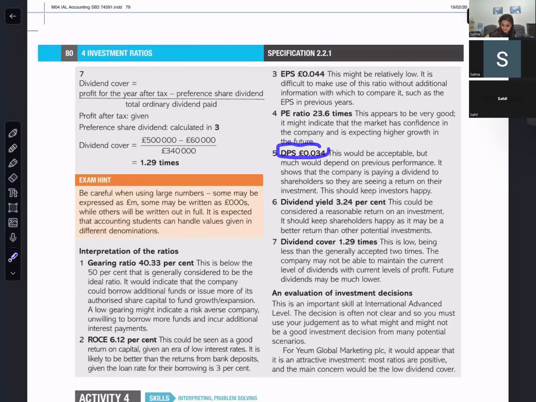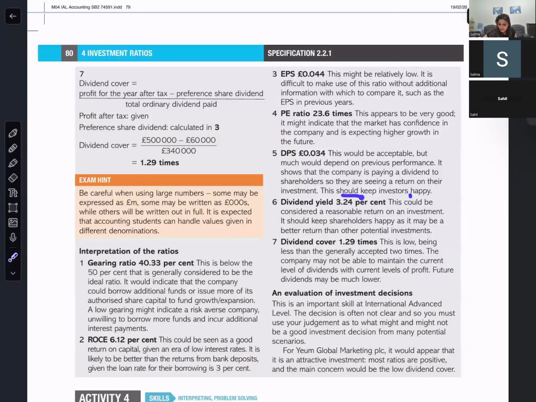Dividend per share. You cannot comment on this because it depends upon your performance, the dividend that the shareholders are getting, and in the market outside, what is the return on investment. Ideal dividend per share should keep the shareholders happy.